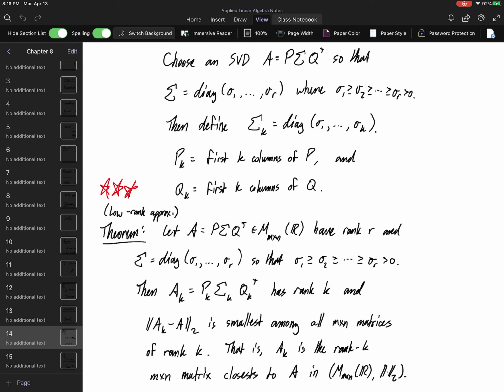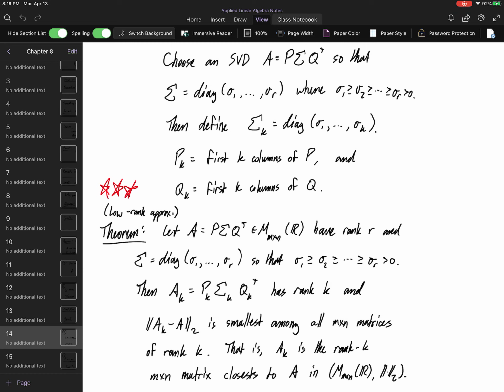So feel free to start looking ahead to using this theorem, the low rank approximation theorem, because this is going to be how we build an elementary compression algorithm. Very much like we were looking at our discrete Fourier transform, where we would filter out the discrete Fourier transform and effectively have a low pass or a high pass filter for some signal.